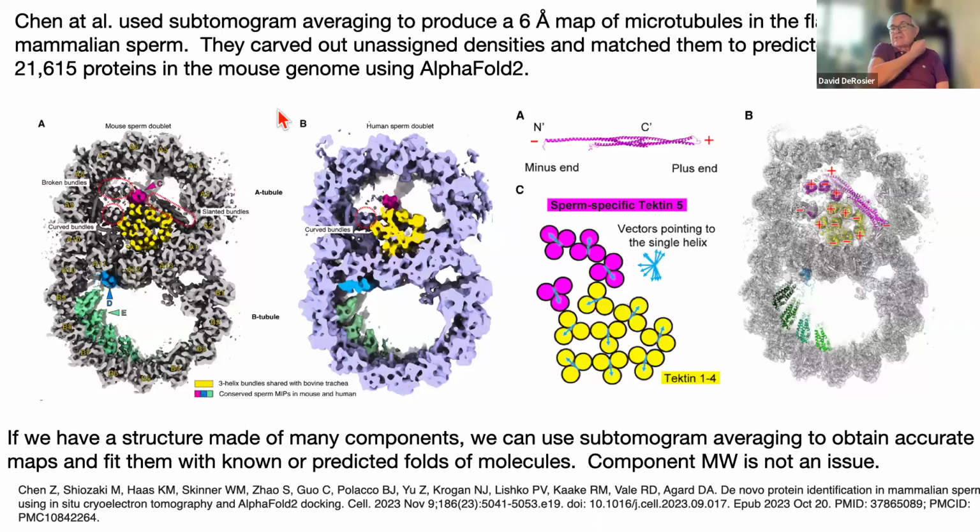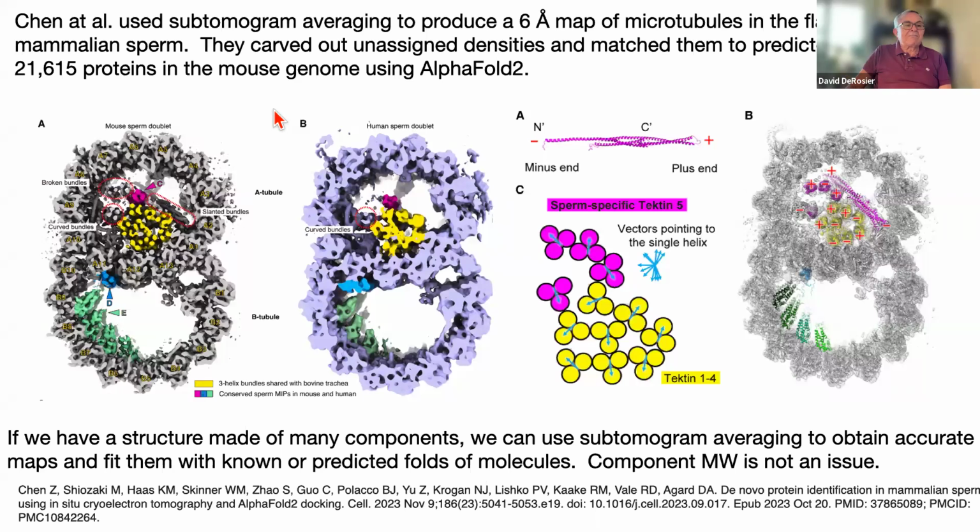Anyway, what they did was they carved out the parts of the structure that were unassigned densities, and then they used predicted models from the slightly over 21,000 proteins in the mouse genome using AlphaFold 2 to match up the predicted folds with the isolated densities from their subtomogram averaging, and they were able to fit them.